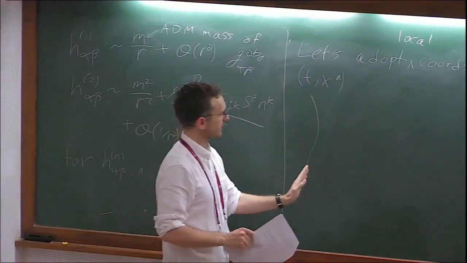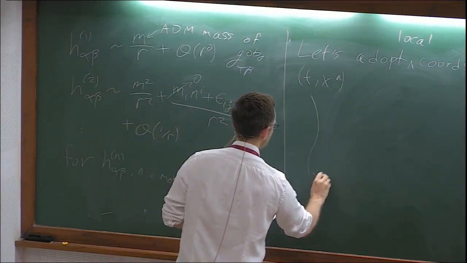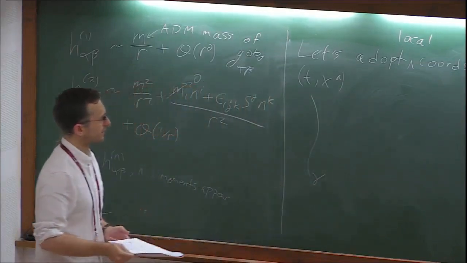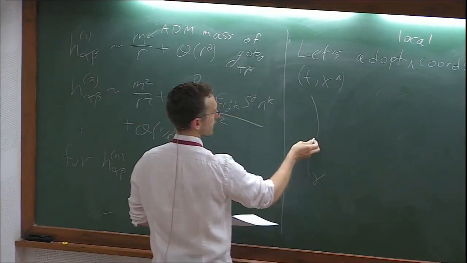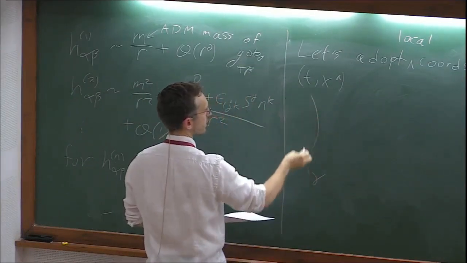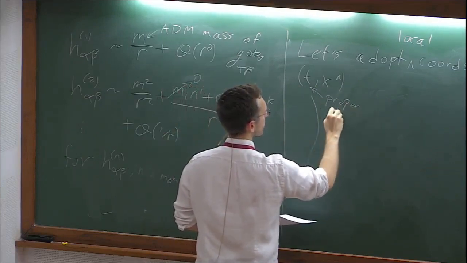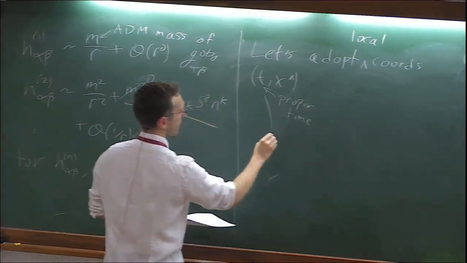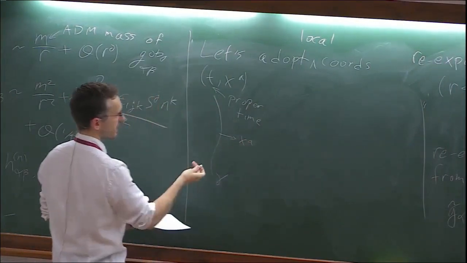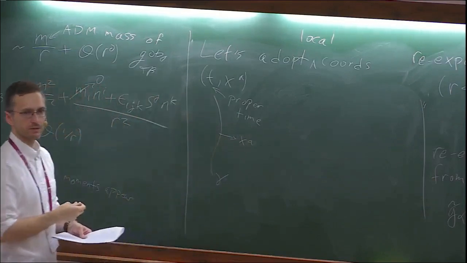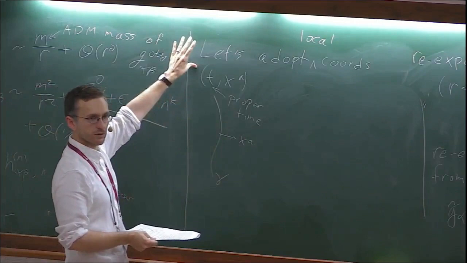We place a curve in that manifold, call it gamma. And we're going to have coordinates where t is the proper time along that curve, and the Cartesian coordinates x^a point orthogonally away from the curve. So these coordinates are called Fermi-Walker coordinates.